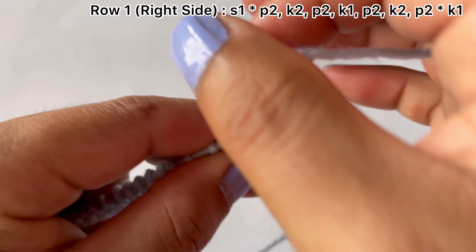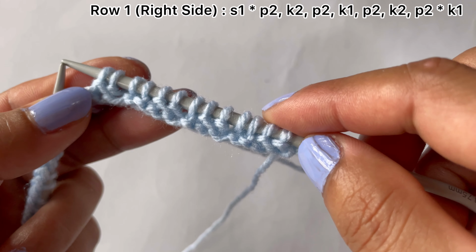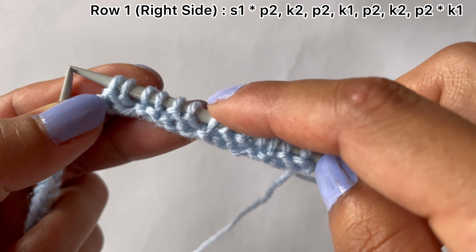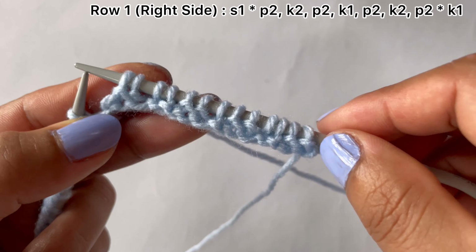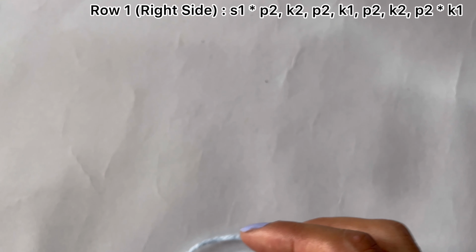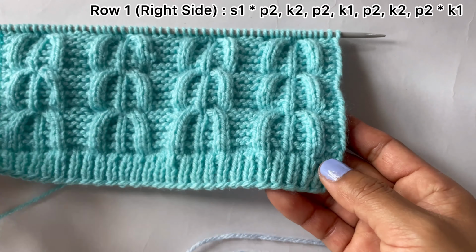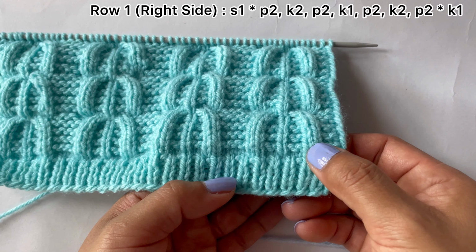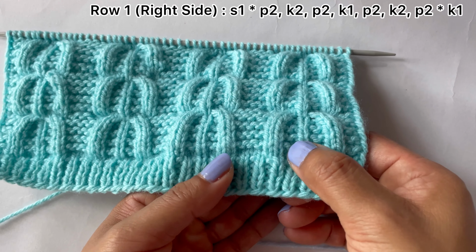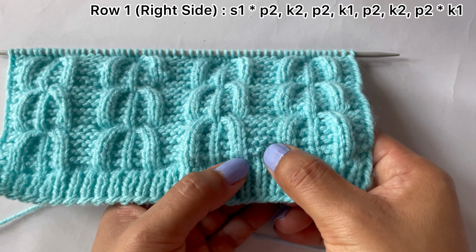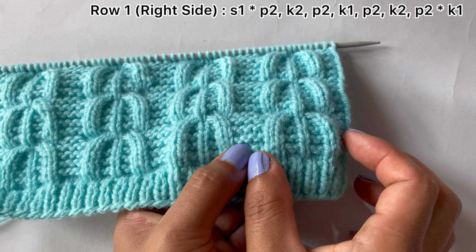That's the repeat from here to here. Purl 2, knit 2, purl 2, knit 1, purl 2, knit 2, purl 2. This is the repeat pattern, which is this pattern here. Right, this is one repeat.